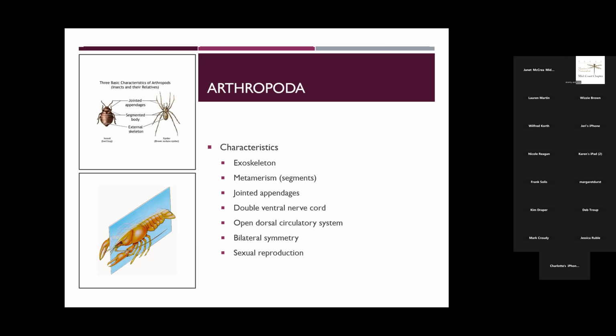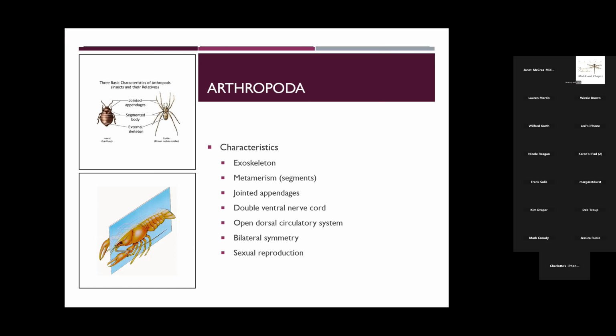The left-hand picture on the bottom there shows you the bilateral symmetry. If you cut an arthropod in half lengthwise, their internal and external structures are going to be mirror images of one another for the most part. The last characteristic of arthropods is that they are going to have sexual reproduction at some point in their life.